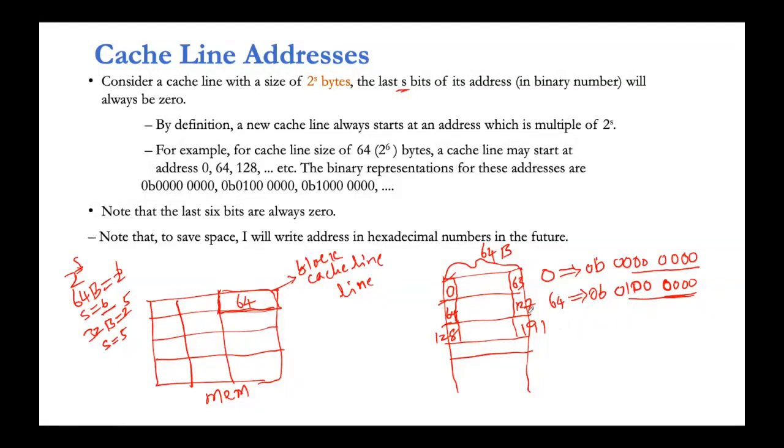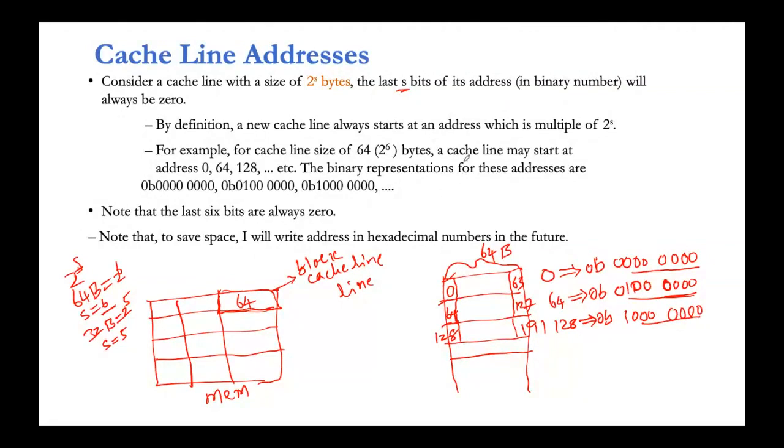If you take the next line, 128, in binary form you get 1000 0000. So all the last six bits are zeros.